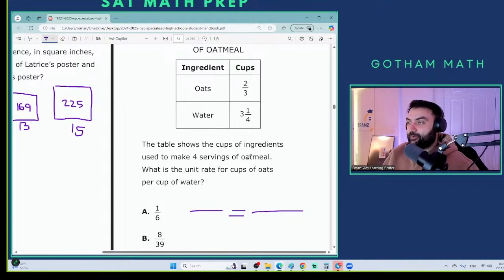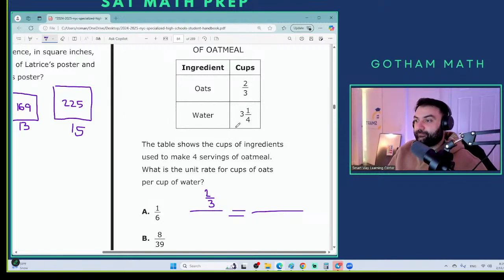Rate, cups of oats: oats is 2/3, and water is 3 1/4. It's still 4 servings, that doesn't really matter.